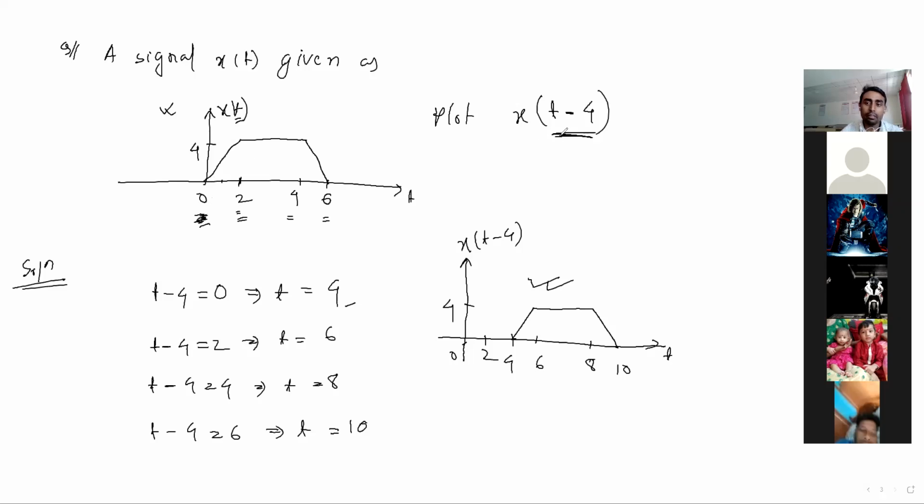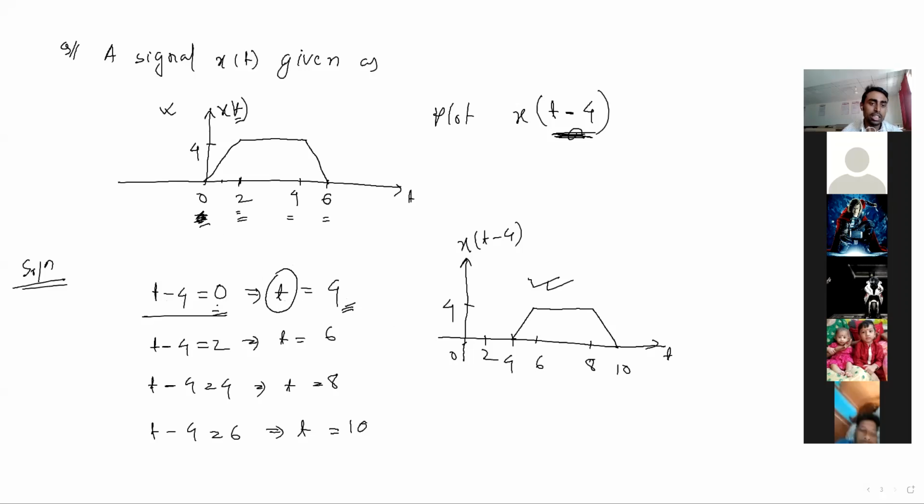So what happened? The modified time is t minus 4. What they asked to plot is x(t minus 4), so we can say the modified time is t minus 4. We have to equate this t minus 4 with the time given for the original signal. When we equate t minus 4 equal to 0, we get a new time value for the signal, which will be 4.